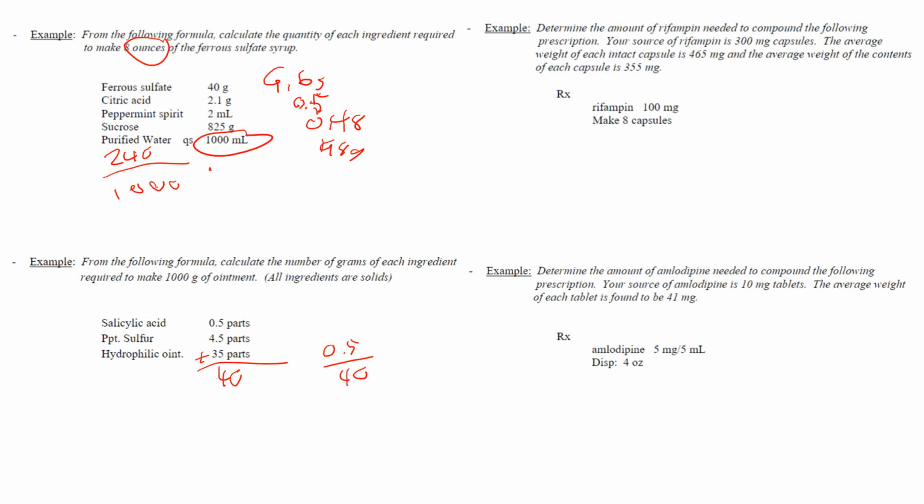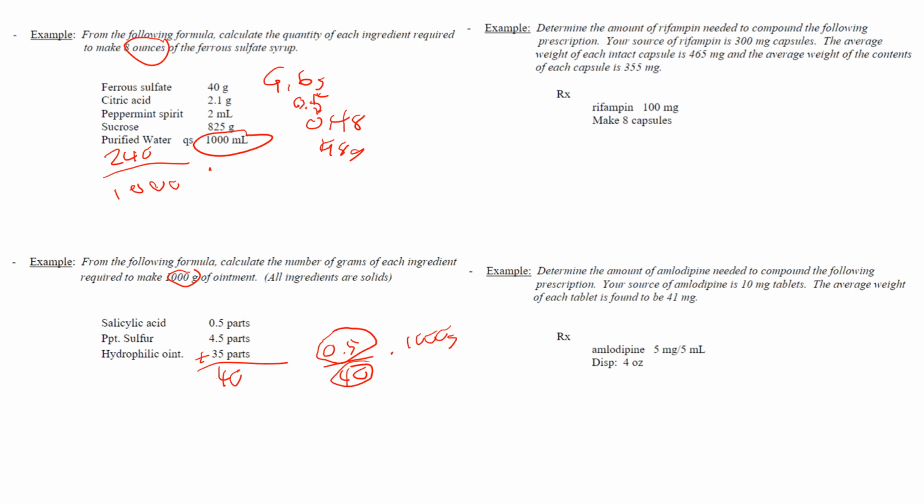We're also looking to make 1,000 grams of this ointment. So since we know our final mass, we can just set up these ratios. Since 1,000 is the total grams, and this is the parts per the total amount, we can just do times 1,000 grams. And this is our salicylic acid.